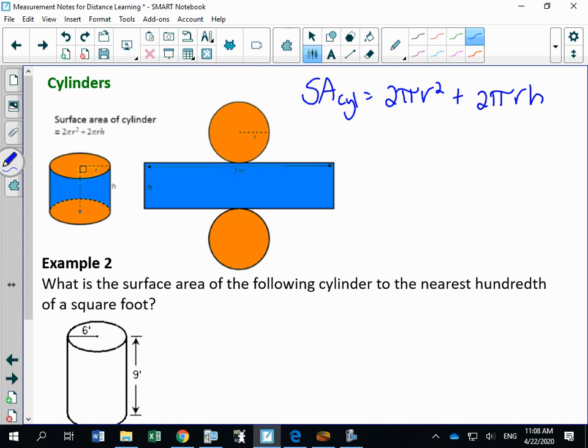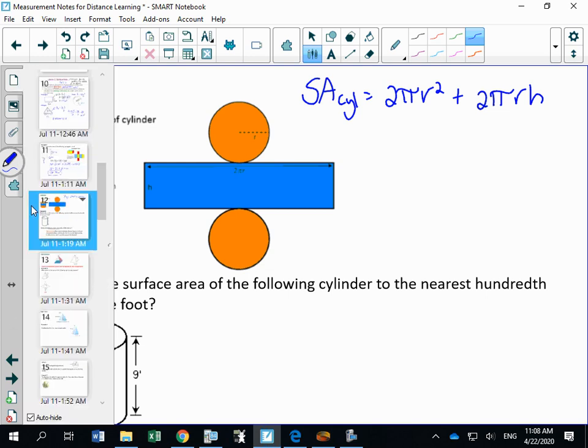Okay, so write that down, and I'm going to deconstruct the cylinder, because you need to know where these two parts come from, since in some questions you might only be required to use one of the parts. So if I said, what does a cylinder break down into? It has a top circle and a bottom circle, and you need to, from that previous slide, know the area of a circle.